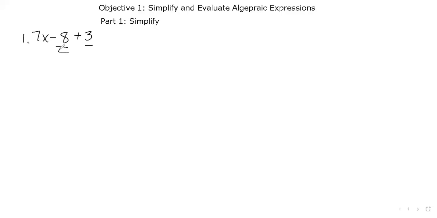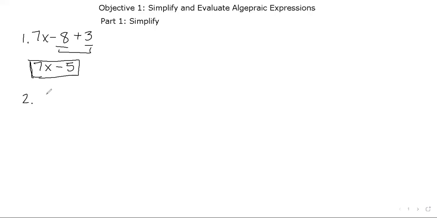So we're going to combine these two. So this 7x, we're just going to bring down, and the -8 plus 3 is going to be -5. So that is number 1.